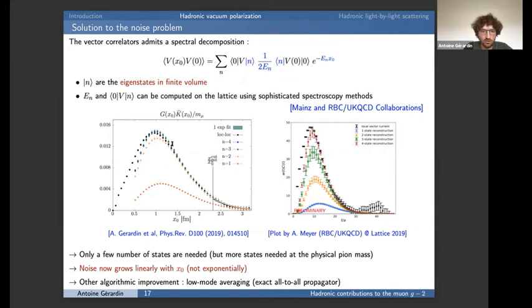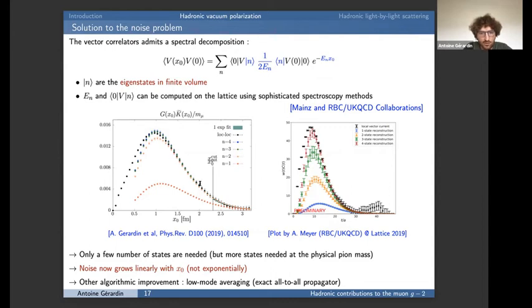So this is what is shown in these 2 plots by the Mainz collaboration and here by the RBC UKQCD collaborations. In black, you can see the raw lattice data, which starts to be noisy at long time. And then the different colors correspond to including more and more states to saturate this sum.